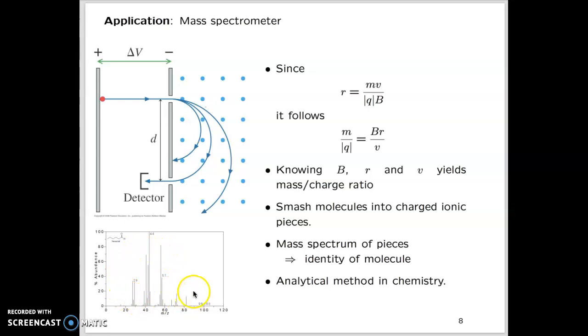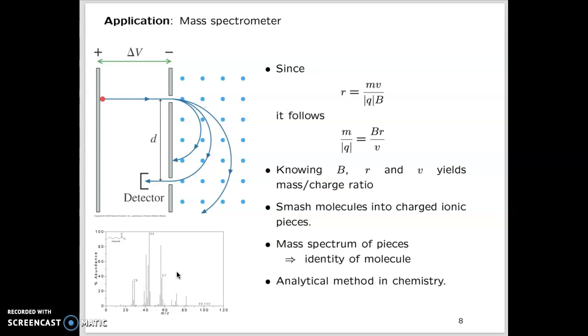And these series of mass spectrum peaks basically provide a fingerprint of the molecule. Okay, so this is a way of determining what the composition of the substance you were analyzing was.